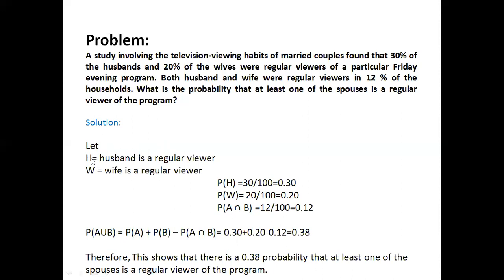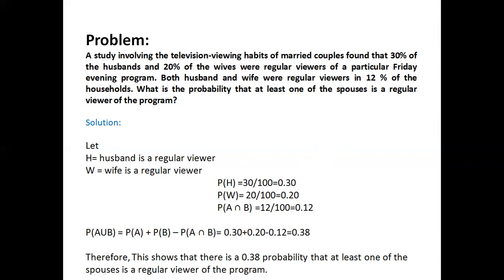Here H represents the husband and W represents the wife. Husband is a regular viewer, so it is an event H, and wife is a regular viewer, so it is an event W. The probability of the event H is 30 by 100, equal to 0.30.